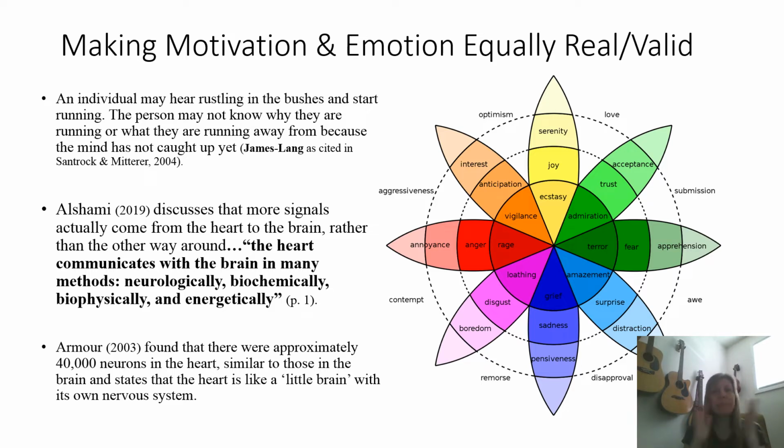According to this article, the vagus nerve is the mechanism that carries information from the heart and the other internal organs to the brain. Armour found that there were approximately 40,000 neurons in the heart, similar to those in the brain, and says that the heart's like a little brain with its own nervous system.